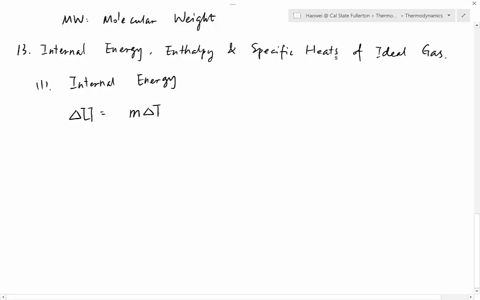The bigger the temperature change is, the bigger the change of internal energy is. And then one last thing, a coefficient, it's called CV. CV is specific heat at constant volume. We can use this equation to calculate the change of internal energy.